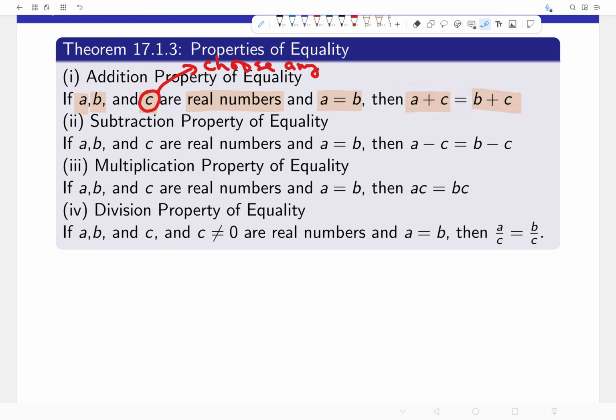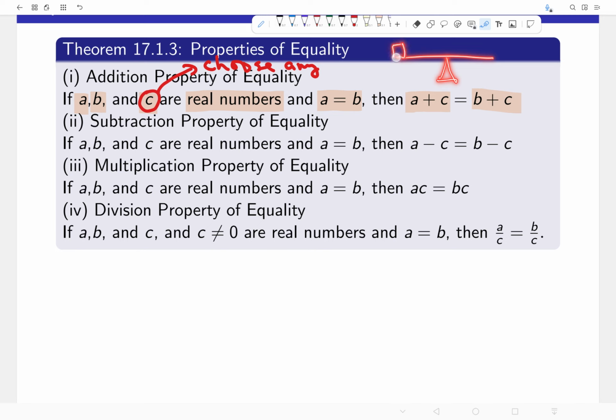Even if you add any number to both sides of the equation, make sure that the numbers are the same, of course. So both sides will always be equal.